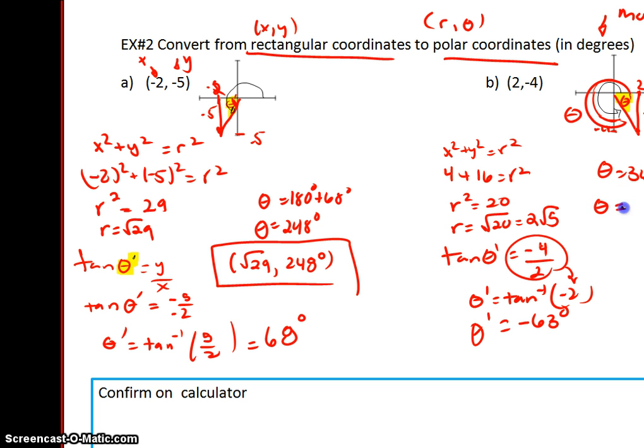So our angle theta is 297 degrees. So our r comma theta would be, our r is 2 root 5, and our angle is 297 degrees.